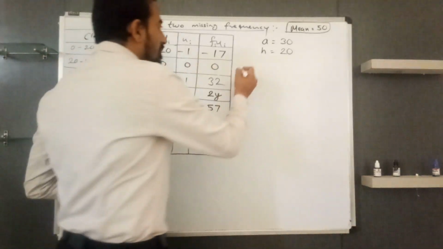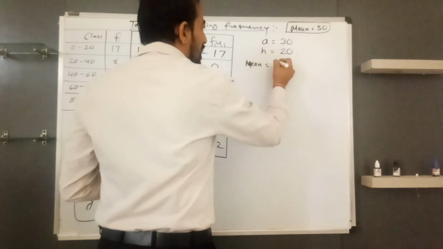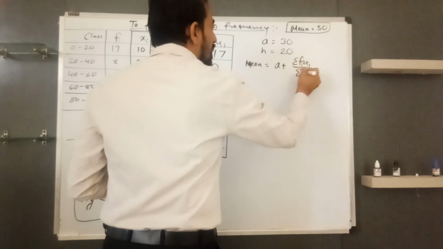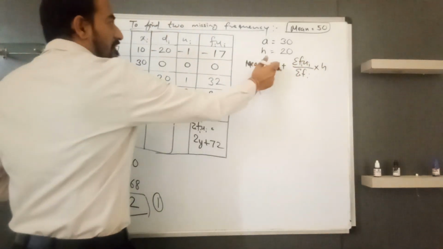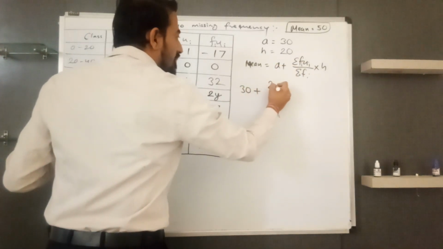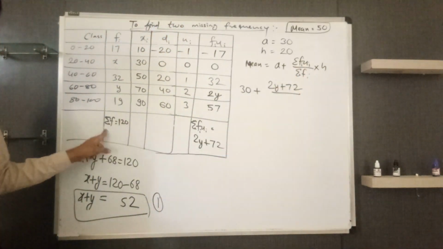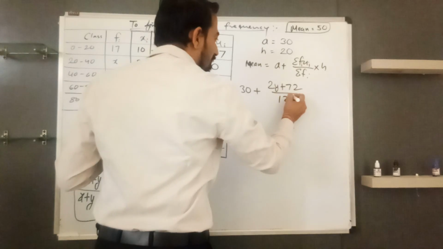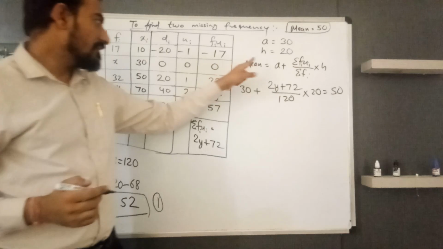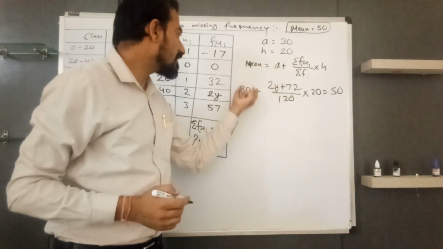Next, follow the formula to find the mean. So mean is equal to a plus sigma fu by sigma f multiplied by h. So a we have 30 plus sigma fu we have twice of y plus 72 divided by sigma f we have 120, multiplied by 20 is equal to 50, as given. In the previous example I have taught you, first we will change the side of a, 30.